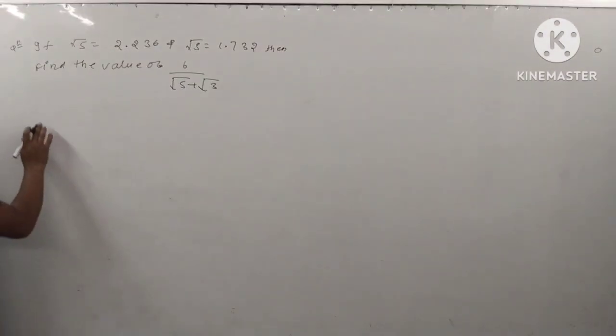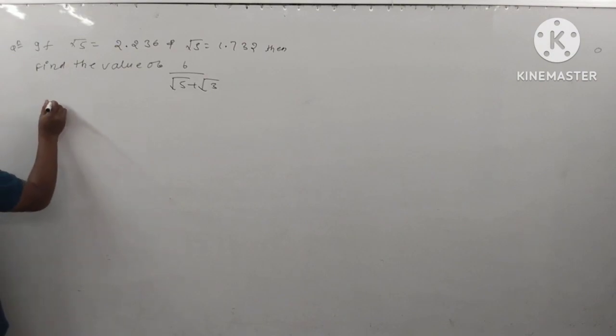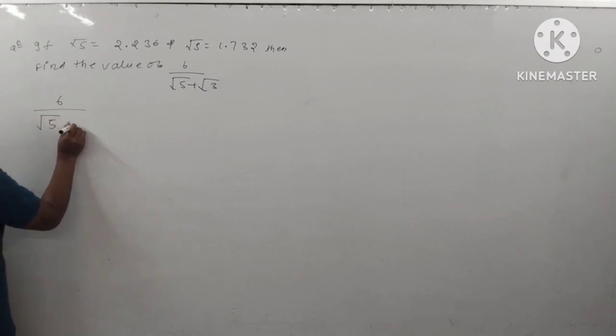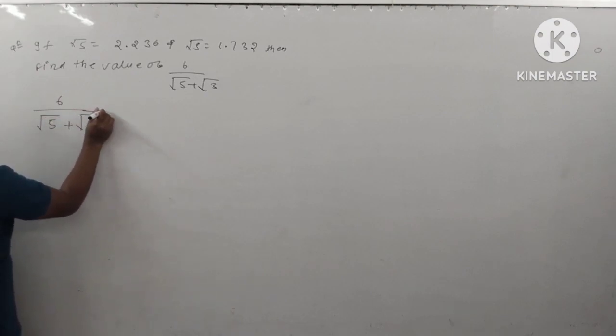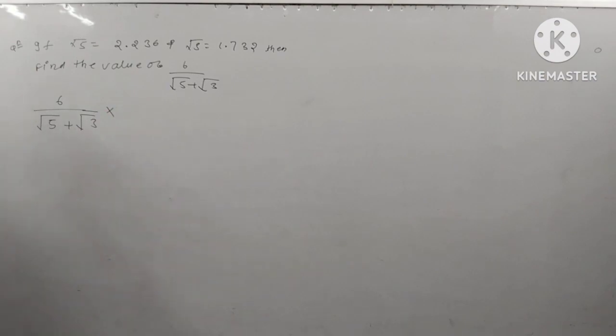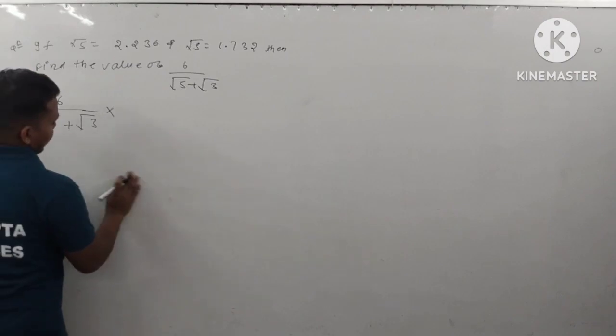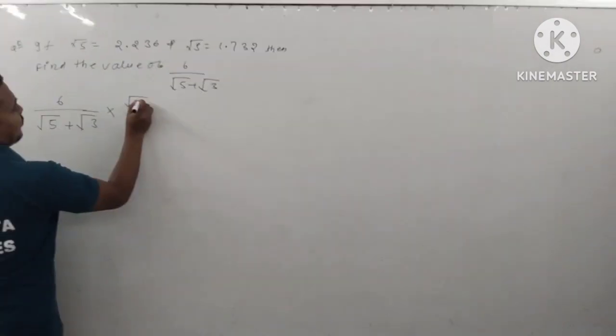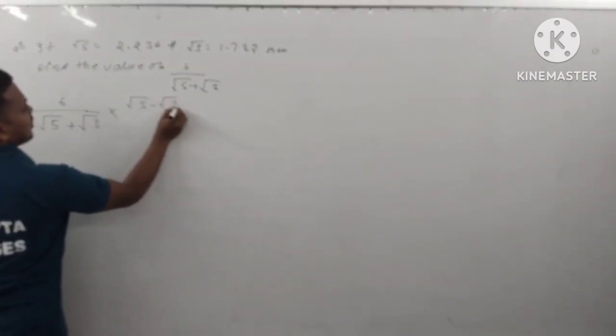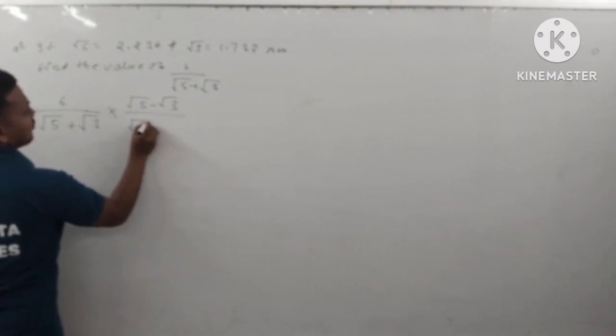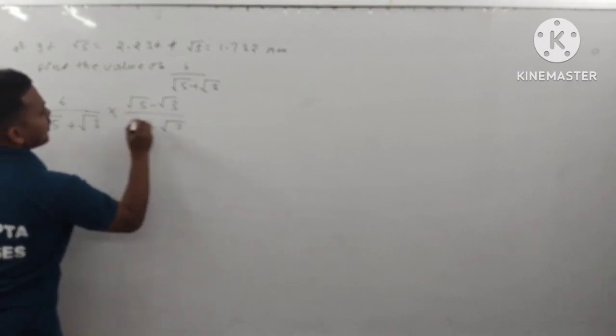We can say the value of 6 over under root 5 plus under root 3. First of all, we multiply by the rationalizing factor of the denominator in both numerator and denominator, okay. Root 5 minus root 3 divided by root 5 minus root 3, okay.